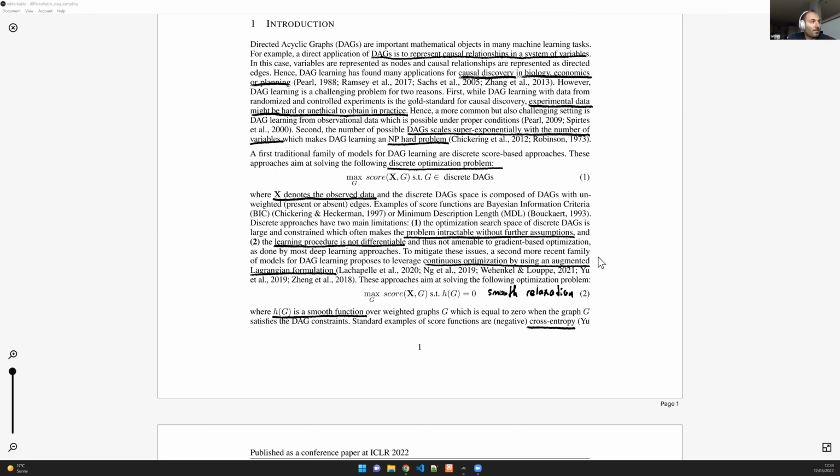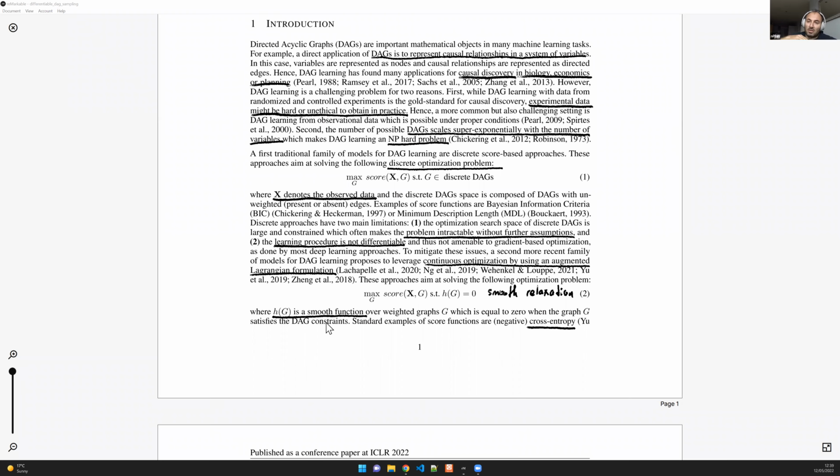citations showing that. But basically, a common trick is to relax this discrete constraint into a smooth continuous constraint. So H is a smooth function. G is the weighted graph, and the important thing is that H is 0 when the graph is actually a DAG.